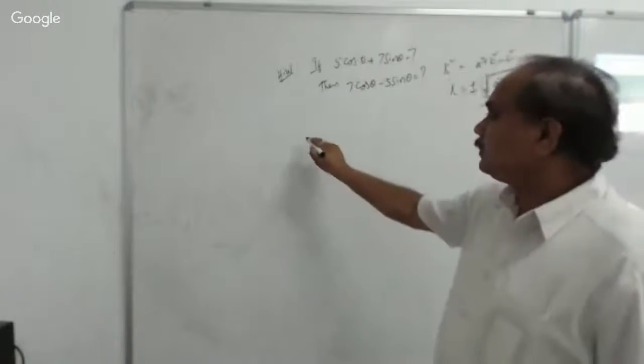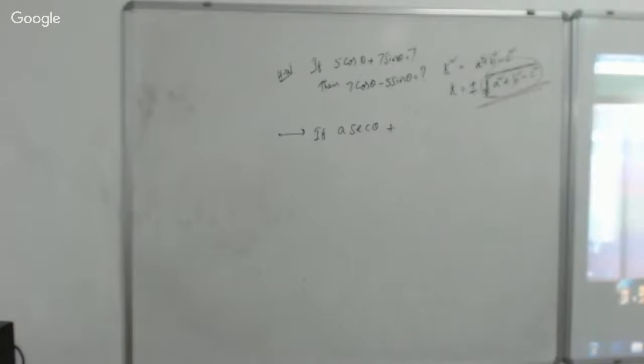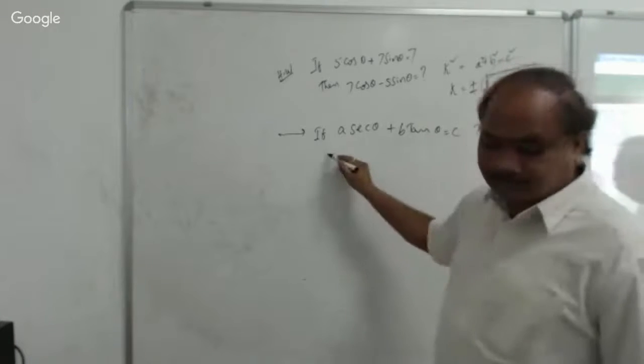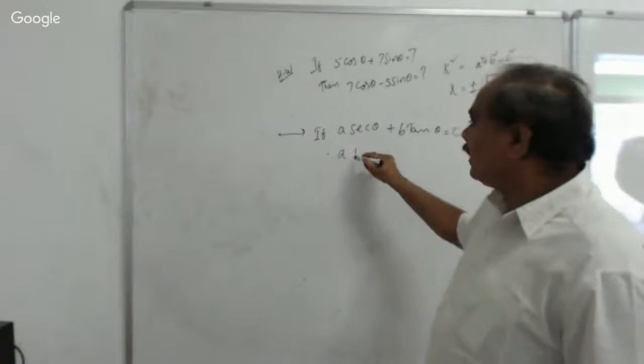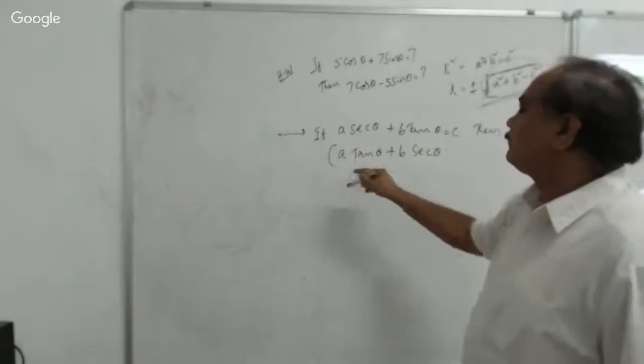Now, next one. If a secant theta plus b tan theta equals c, then find a tan theta plus b secant theta whole square equals.